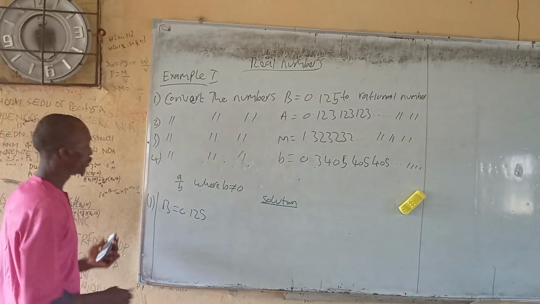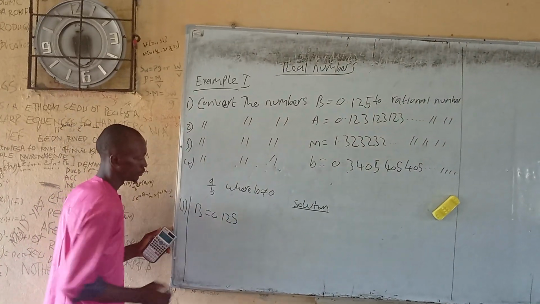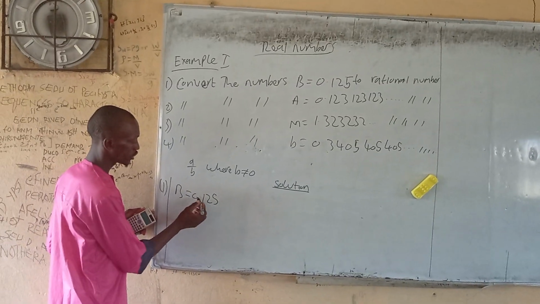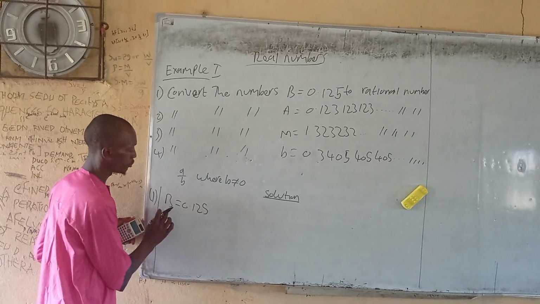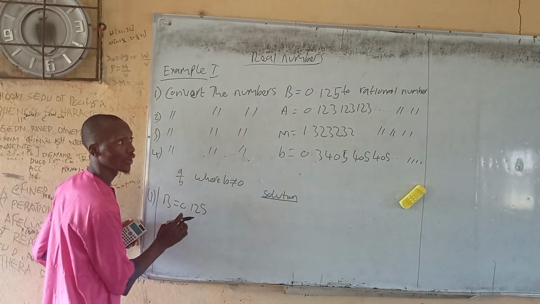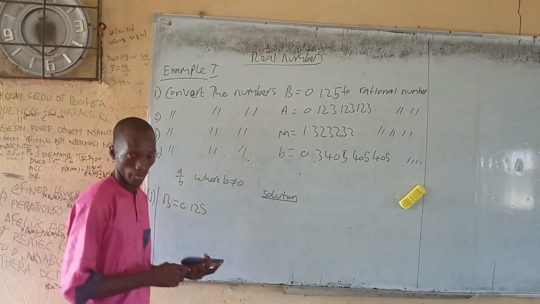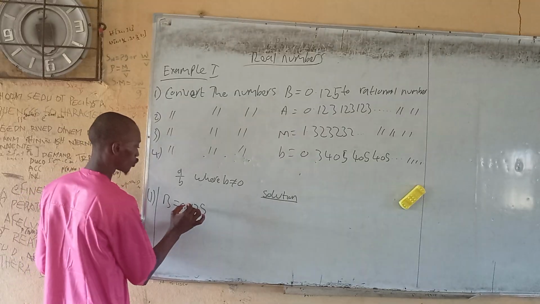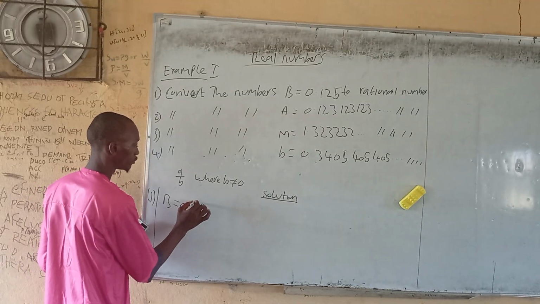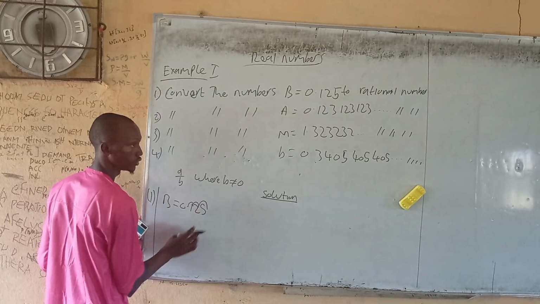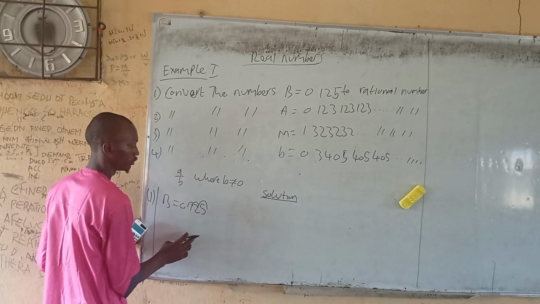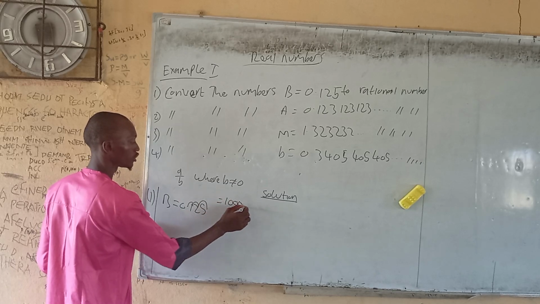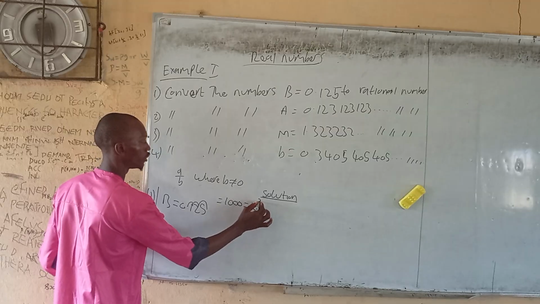Now this is how the method goes. B is equal to 0.125. We move the point 1, 2, 3 places, which is equal to 10 raised to the power of 3.